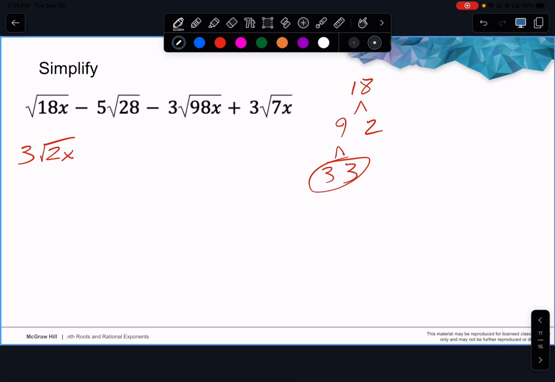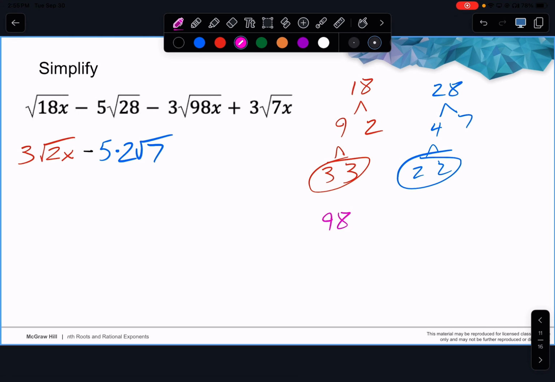All right, now the next one, 28. 28 can break into 7 and 4. Oh, there's my root right there, 2. Okay, so I've got 5 times 2 times the square root of 7. All right, now let's do the 98. 98 is 49 and 2. 49 is 7 and 7.